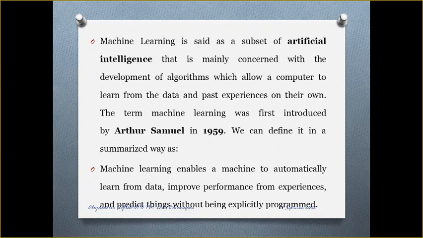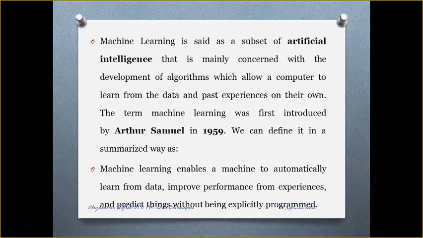Many authors give their own definitions for the term machine learning, and as he is the father, we have considered his statement. According to this, it will learn from the past data and improve the performance, improve the result, and increase the accuracy of the prediction by learning from the experience.